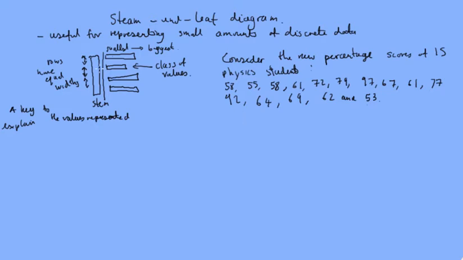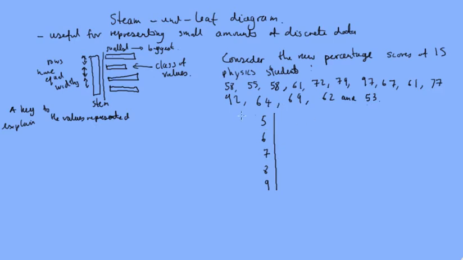And so down our stem we'll have the tens: 5, 6, 7, 8, 9 for the tens value. So there's our stem, and our leaves are going to come out here.